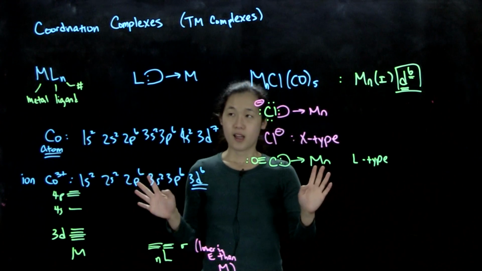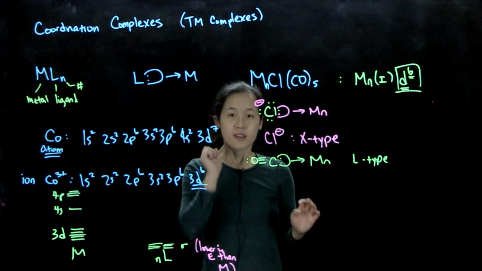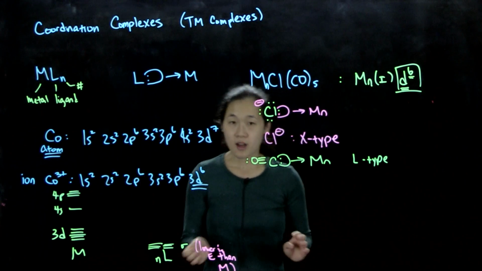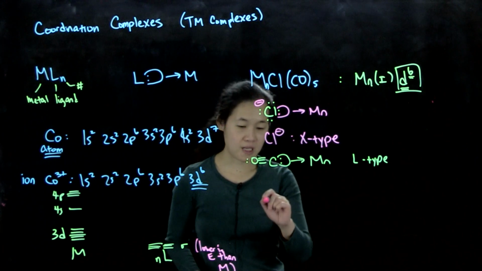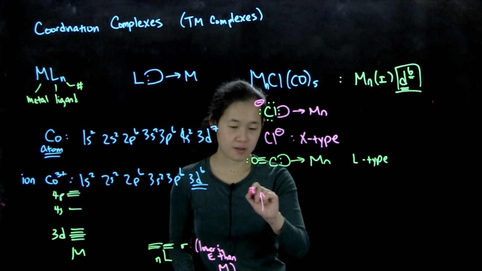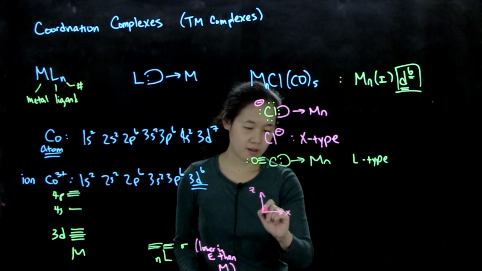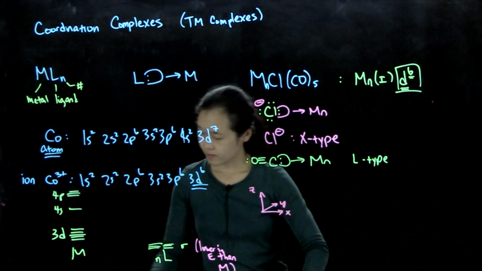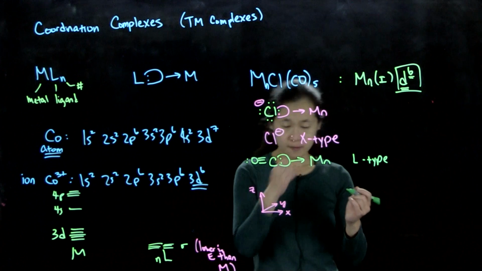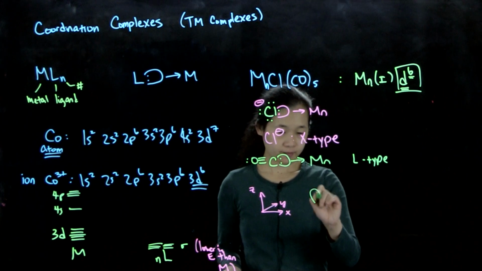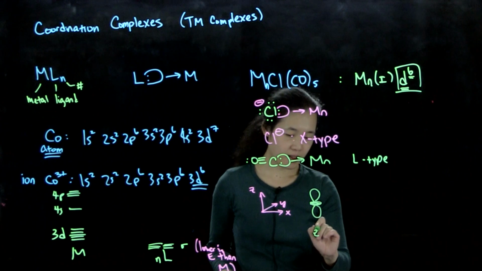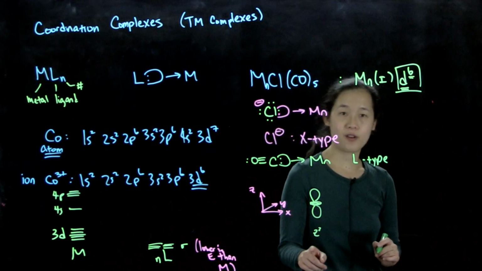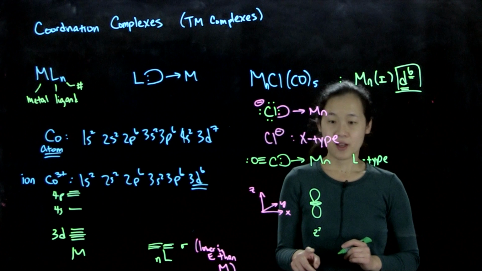And the last important thing to remember for drawing these MO diagrams for transition metal complexes is what the d orbitals look like. So keep this in mind. Here's my coordinate system. You have to be able to draw the d orbitals. So here's dz squared, which remember is also known as 2z squared minus x squared minus y squared.